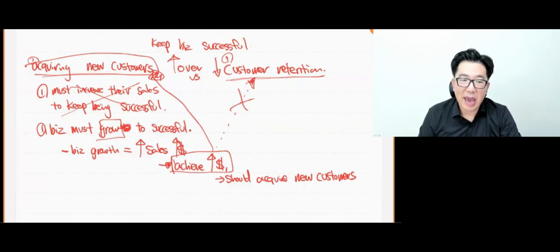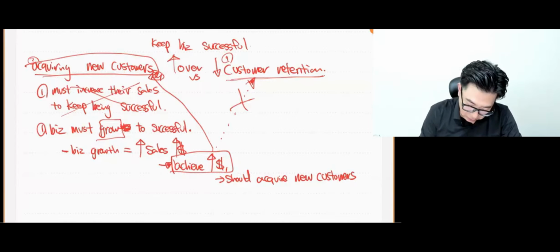They may have millions of customers, but to make more sales, to be more successful, to achieve business growth, even those companies are looking for new customers all the time. Okay. Something like that. Or we have two reasons.